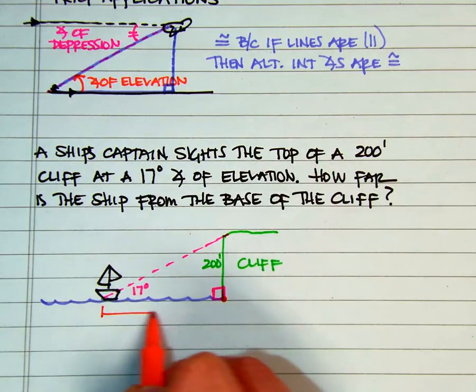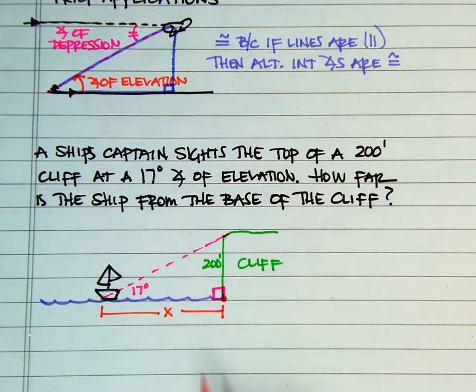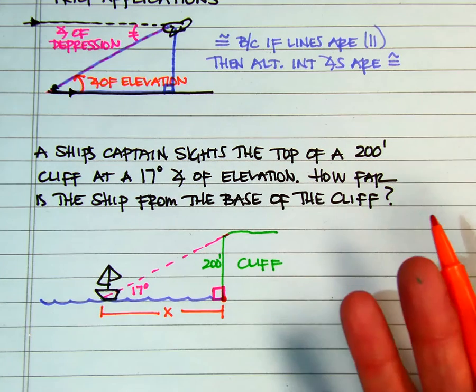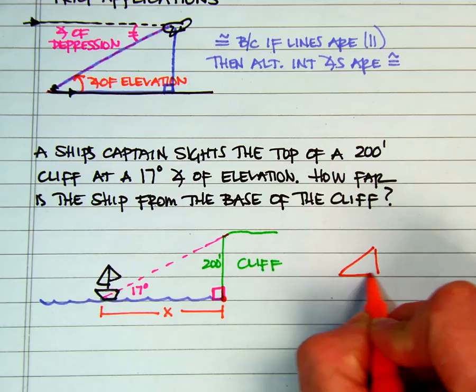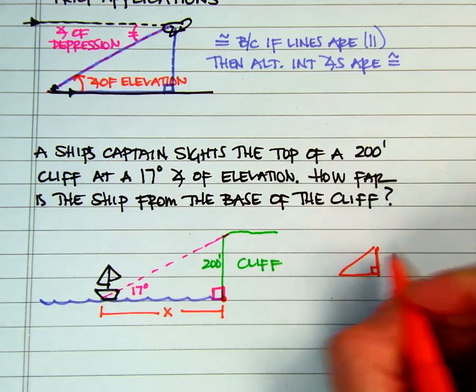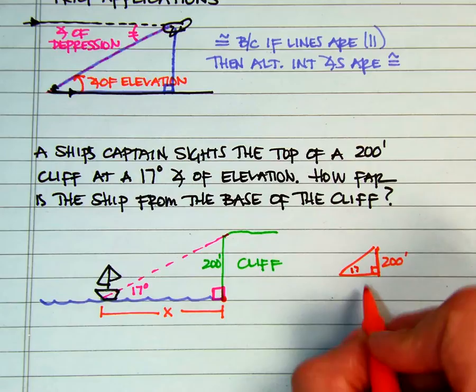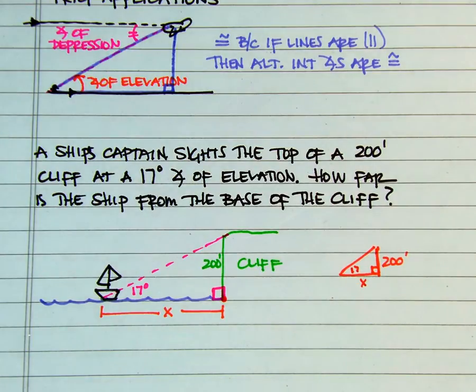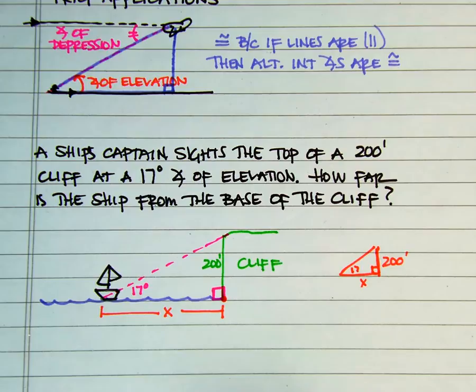So how far am I looking? Okay, so right there, I just labeled it as X. If it helps you, off to the side, take all the other picture stuff out of it. So there's 200 feet, there's 17, and there's X. What trig function would incorporate all of those three numbers?